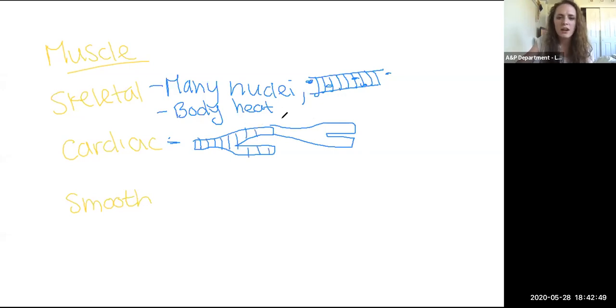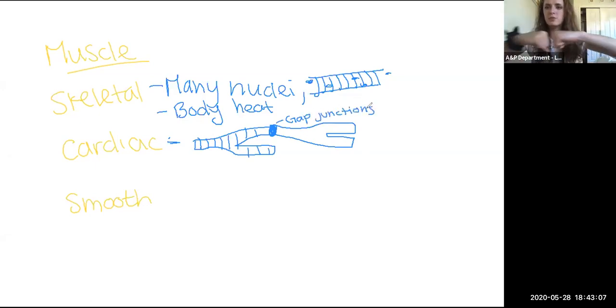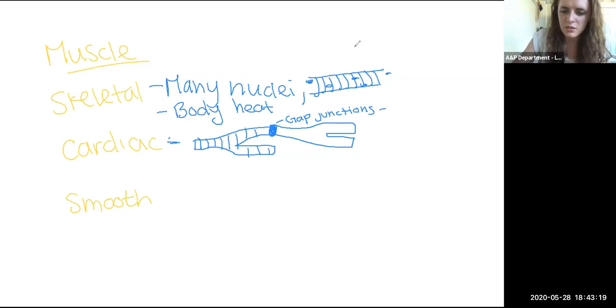One thing about cardiac muscle is it is connected by gap junctions. So right here, where this cell connects with this other cell, you have a gap junction. We talked about these before. Gap junctions are when you have two cells coming together, but there's a little gap for communication. So this cell can talk to this cell. So there's that communication. These gap junctions in cardiac muscle are known as intercalated discs.